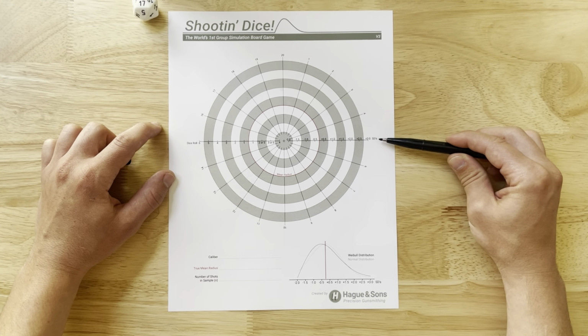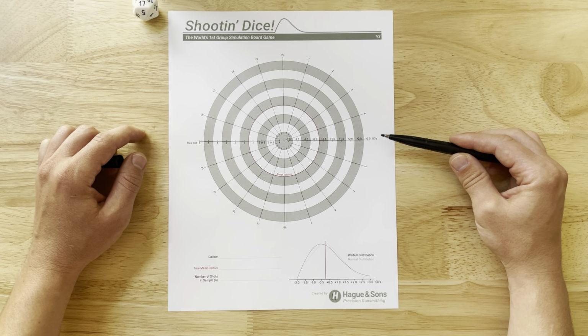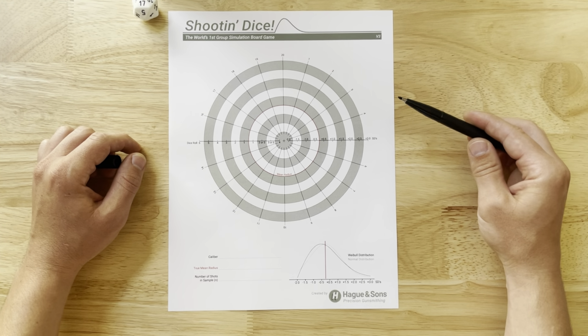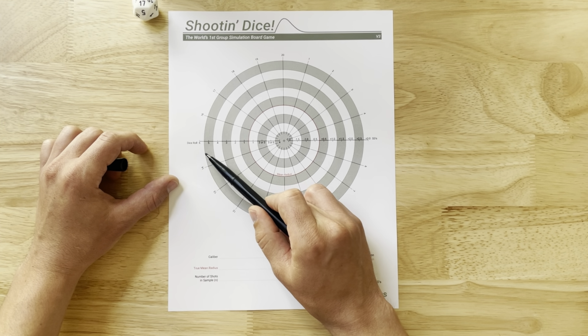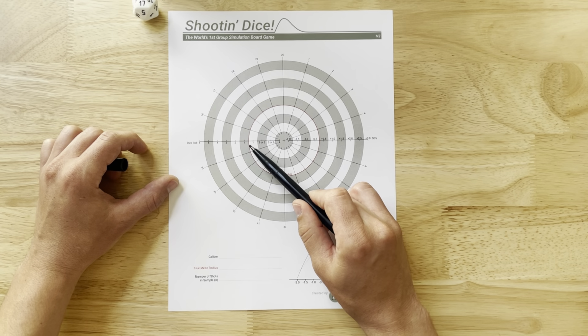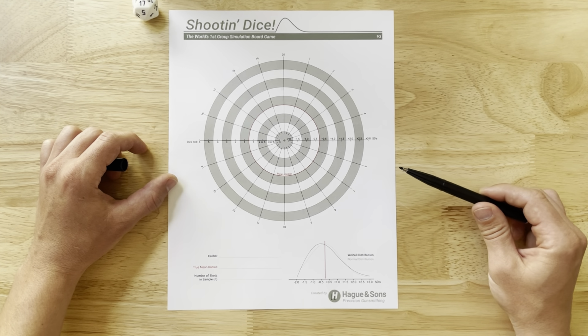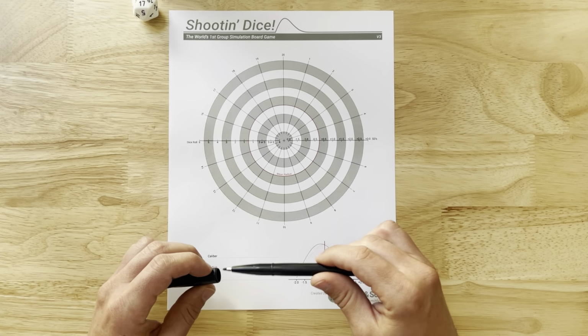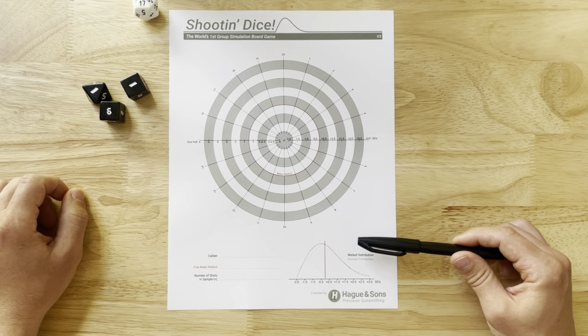On this axis, we have our half standard deviation increments, just like on the muzzle velocity minigame. But on this axis, we have our dice rolls. So outside of the mean radius, we have 1, 2, 3, 4, 5, 6, denoting the rolls from our distribution dice.